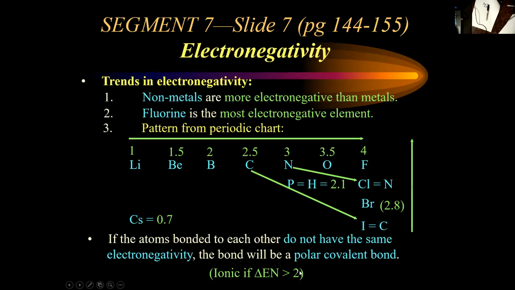If two atoms bonded together have an electronegativity difference greater than 2, that will not form a covalent bond at all. It'll just transfer the electrons and form an ionic bond. So an ionic bond is just an extreme of a polar covalent bond.